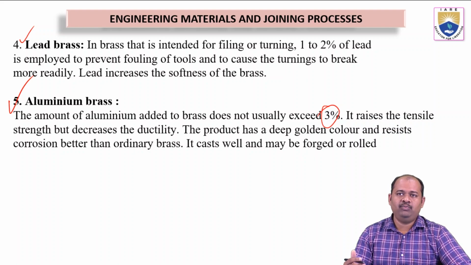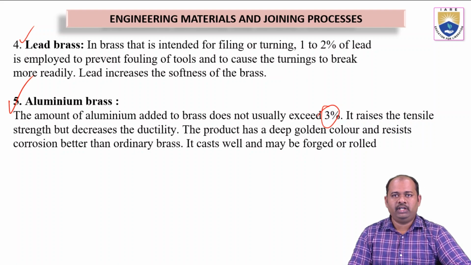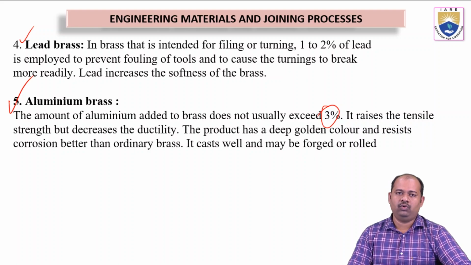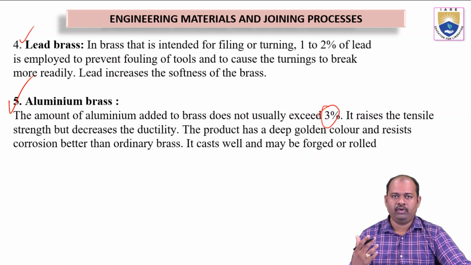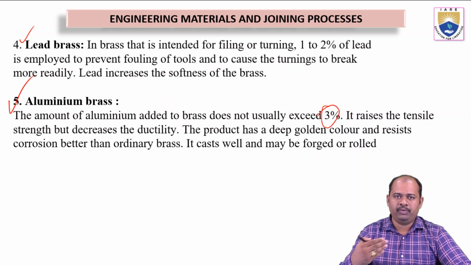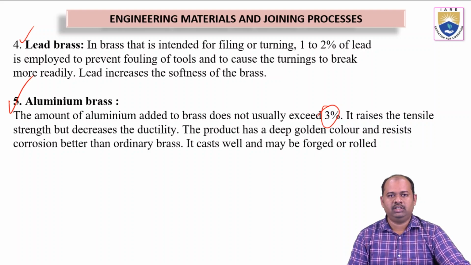The product has a deep golden color and resists corrosion better than ordinary brass. It casts well and may be forged or rolled. So these are some of the good properties of aluminum brass, with which we can improve some properties. Some of the properties may decline. Yet, depending on the particular application, we can use these different types.